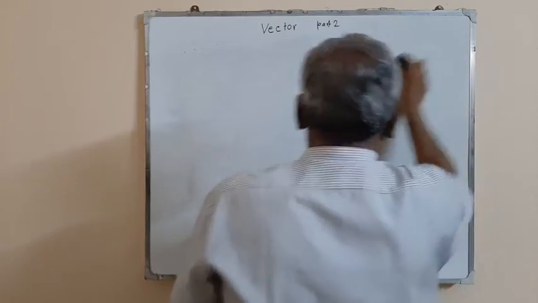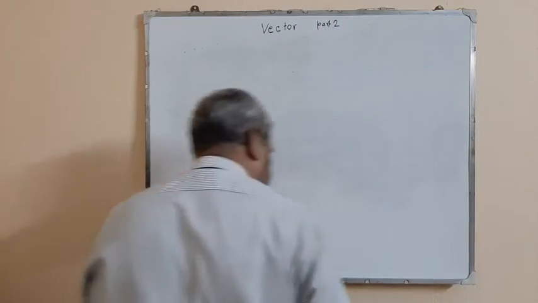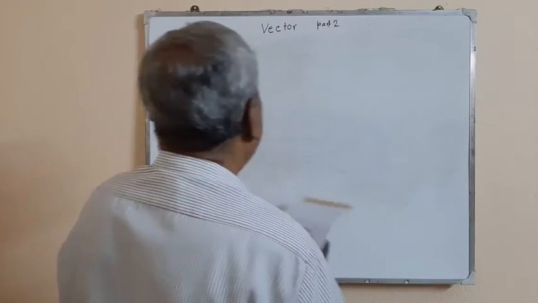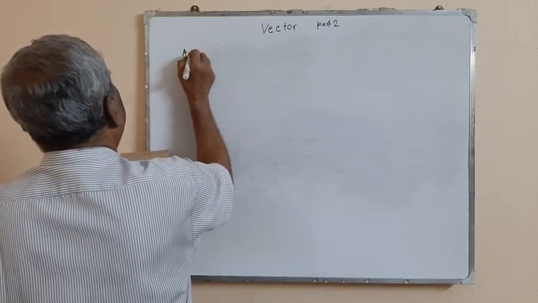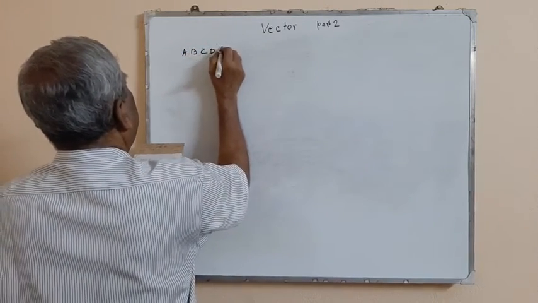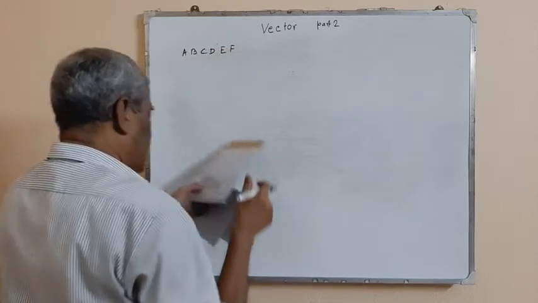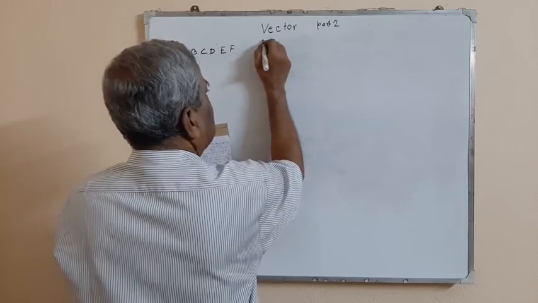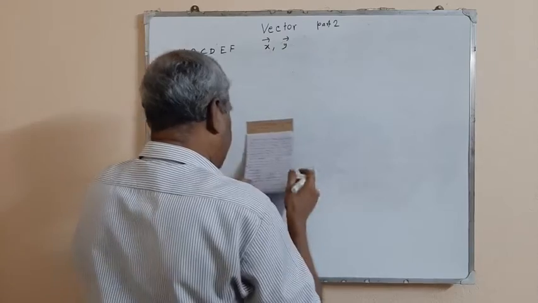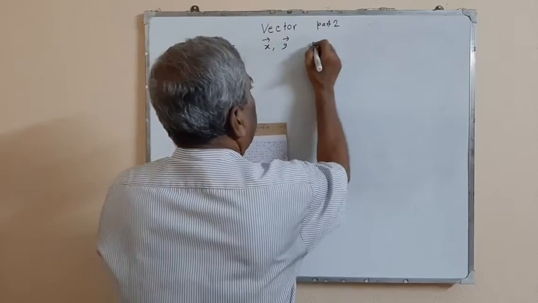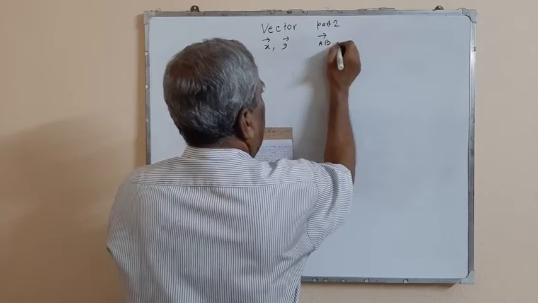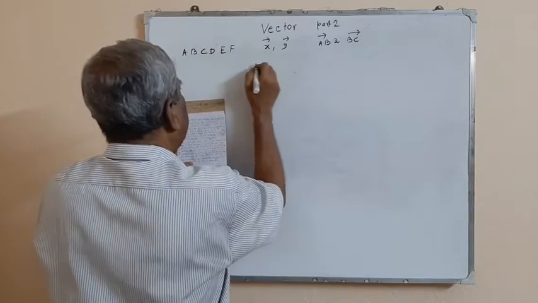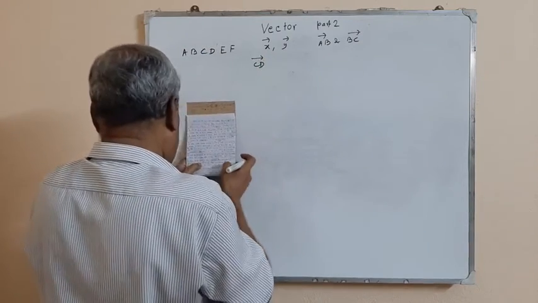Now, take the second problem. Let ABCDEF be a regular hexagon and x and y are the vectors along AB and BC, then the vector along CD is.